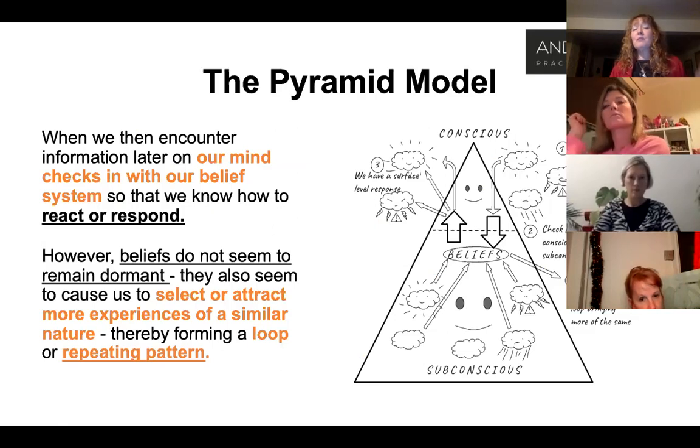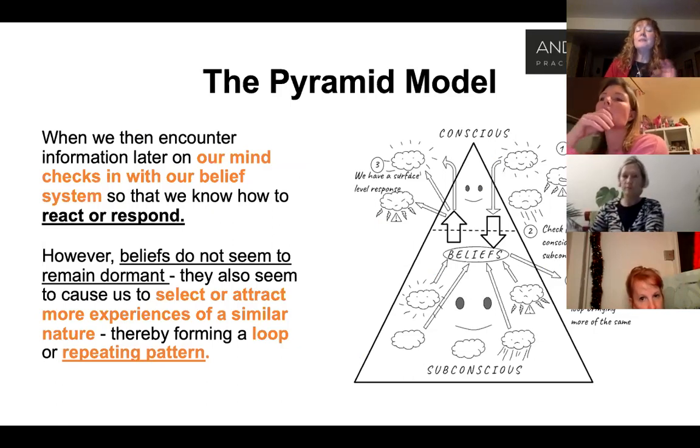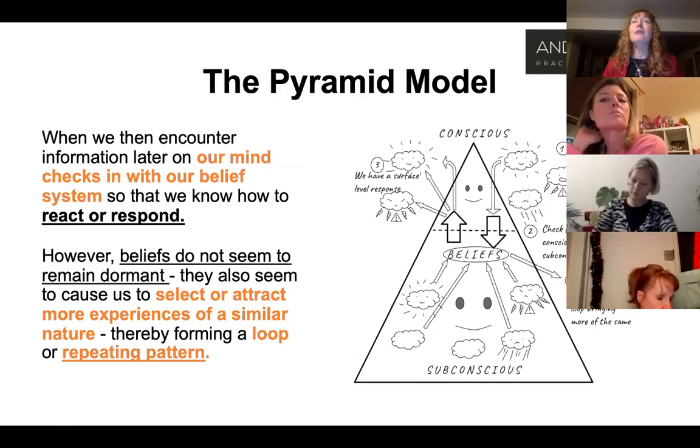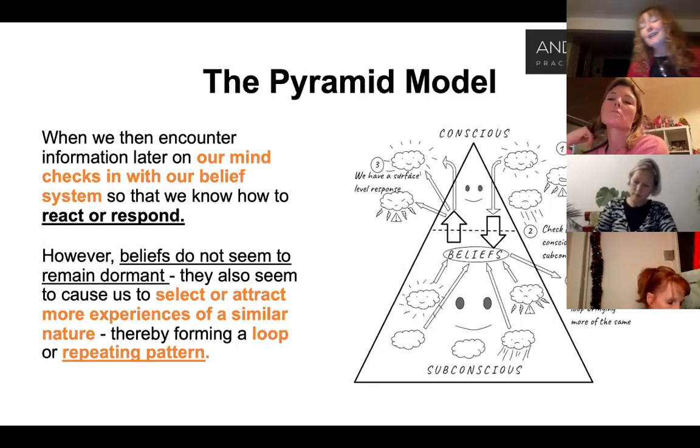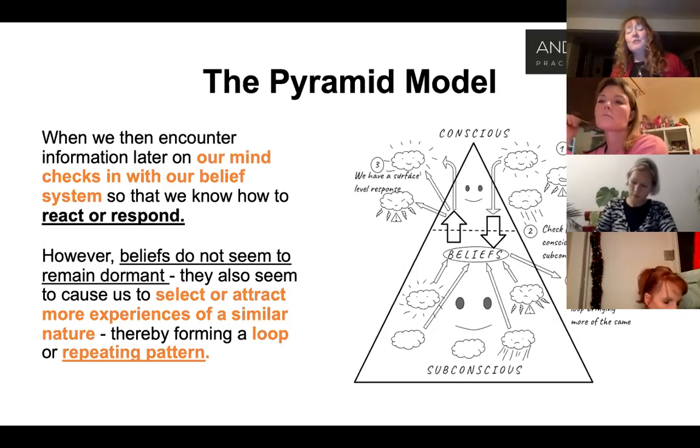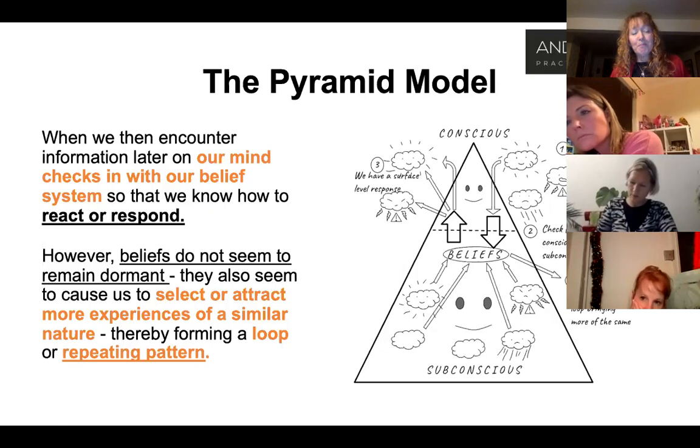So when a certain event happens, we check in with our belief system, and we'll talk in a little more detail about how those beliefs might not be so great when we talk about the library model a little later on.